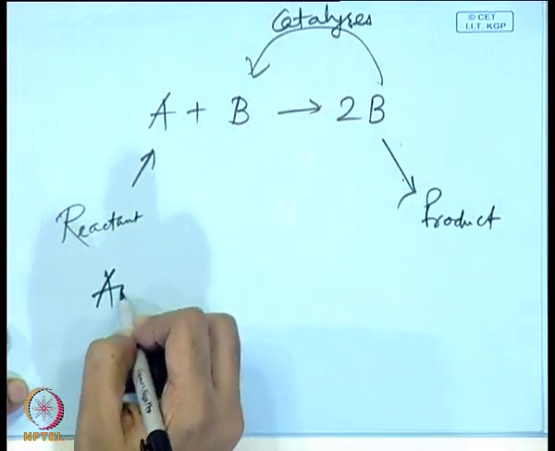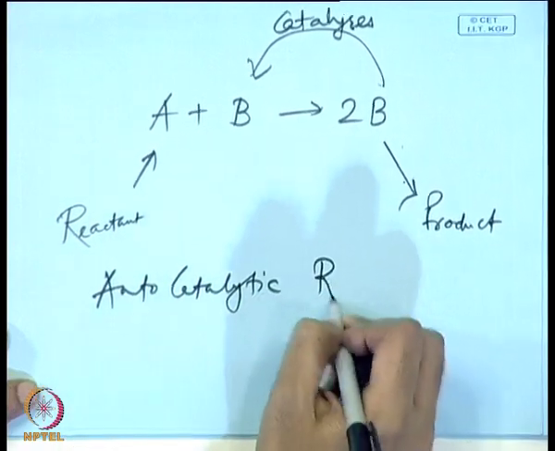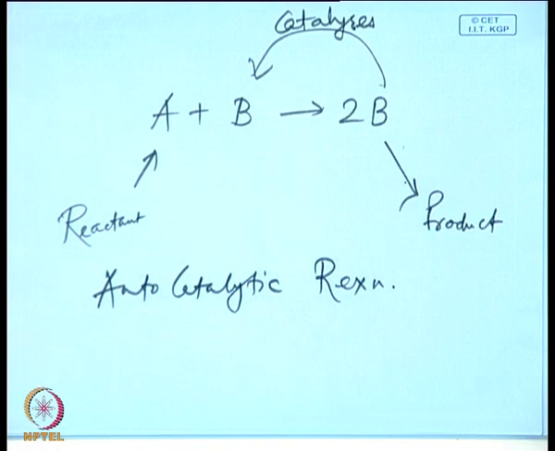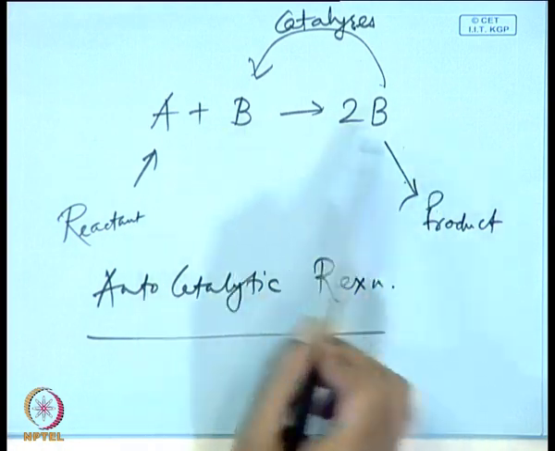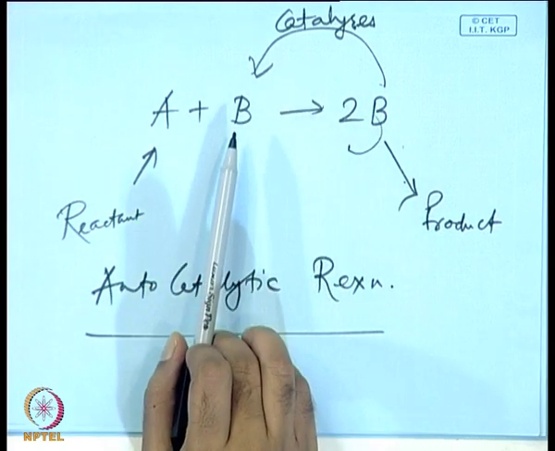Okay, so this is an autocatalytic reaction. This B is catalyzing, so the more B you produce over here, the more the reaction is catalyzed.